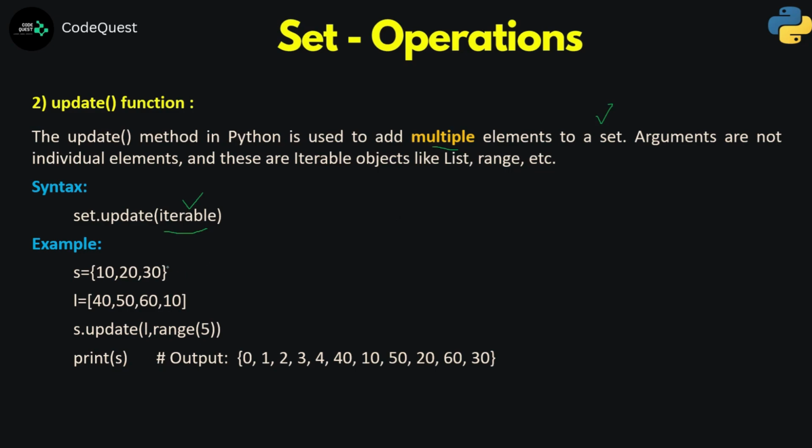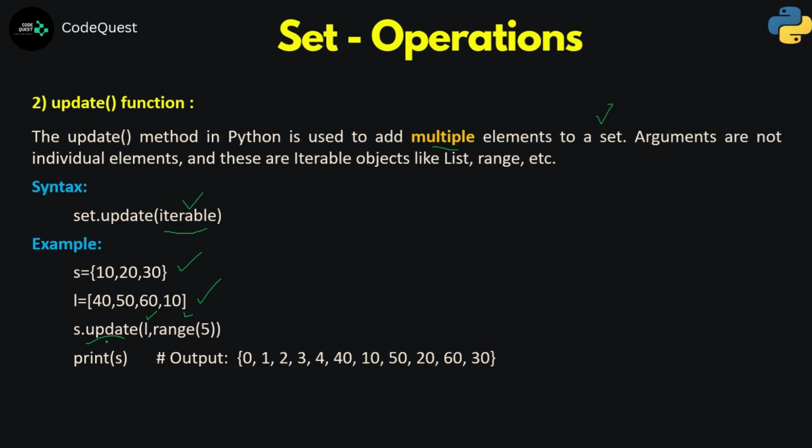So what we have done in this example is, let's say we have created one set holding 3 elements, and this is a list. Here when I'm calling update, I can specify not only a single iterable, I can supply multiple iterables by separating them with a comma.